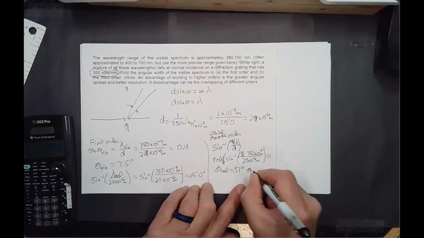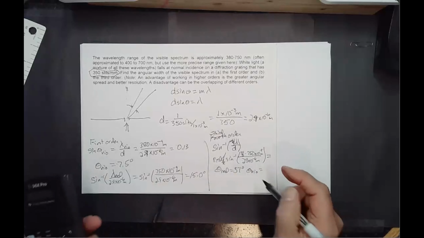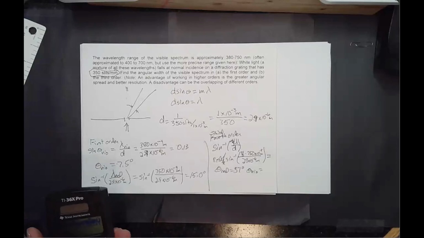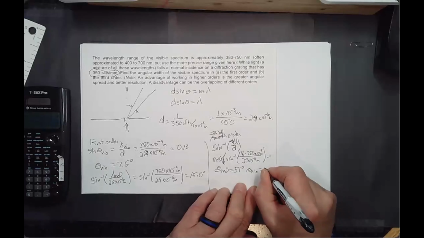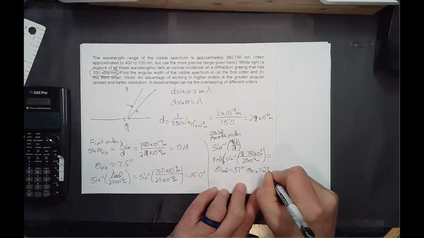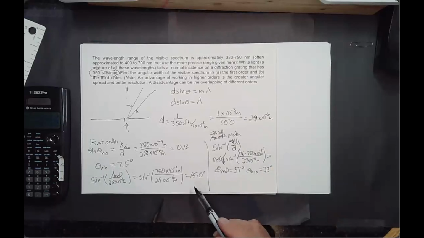And for the violet on that third order one, I would just go in and change 750 into 380. And I get 23 degrees for that one. So it may be that sometimes you end up with some of these things overlapping.